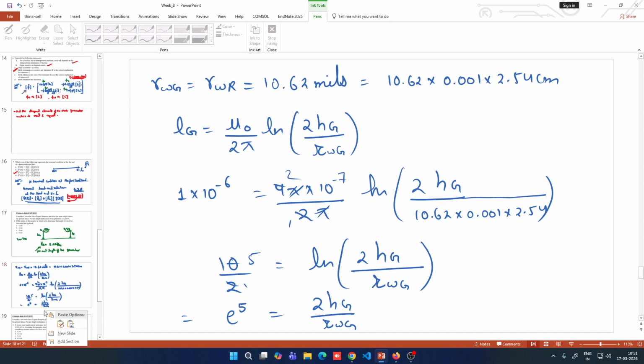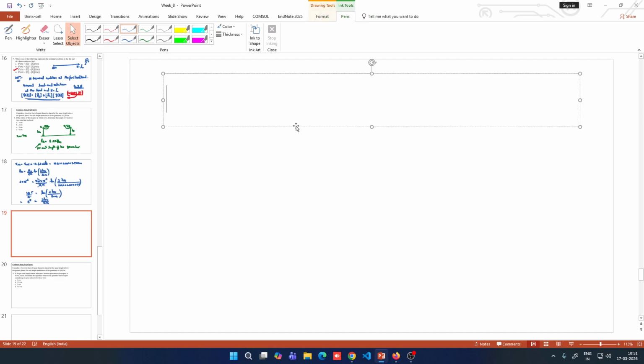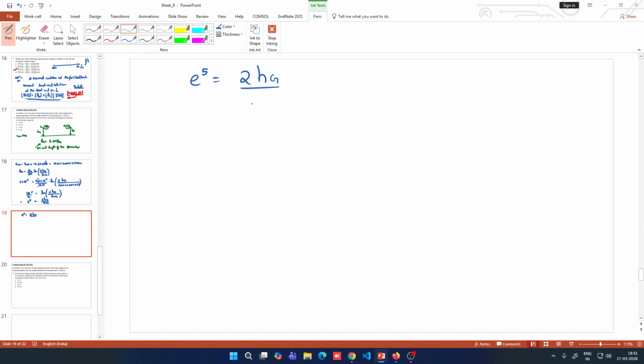So e to the power 5 is 2 times Hg by Rwg, and Hg will be e to the power 5 into Rwg by 2.